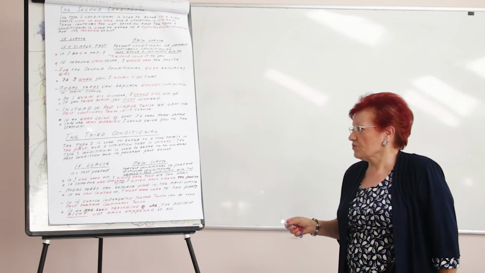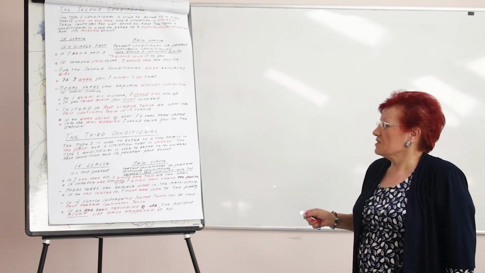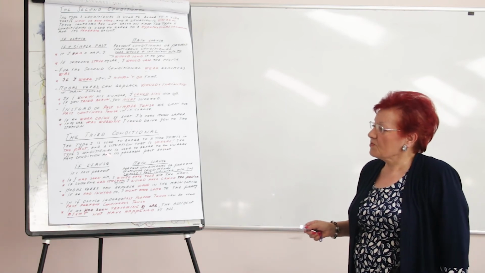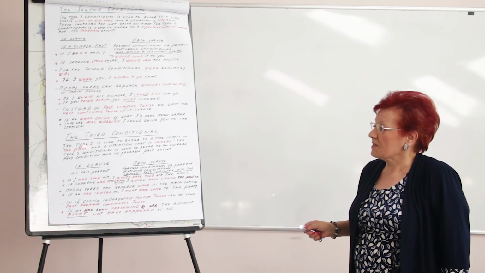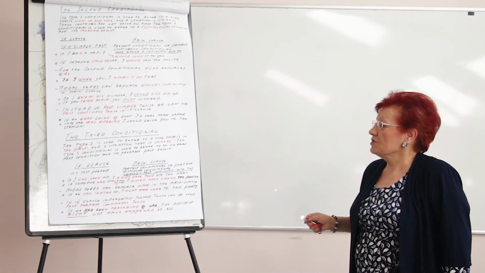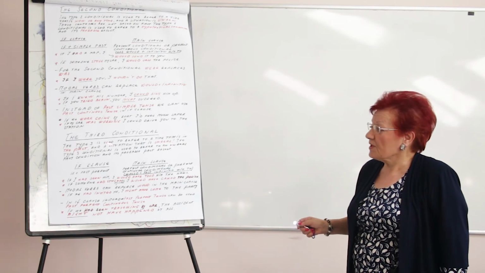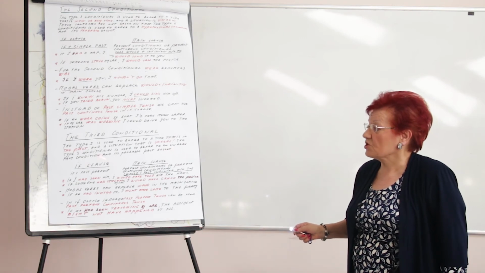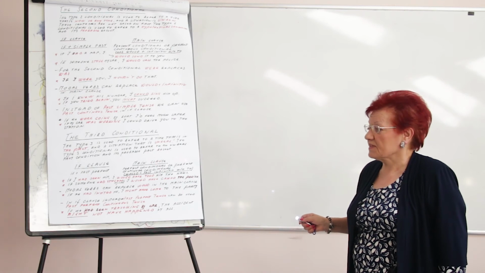And we are coming to the third conditional, and the main difference is that it is unreal conditional. The type 3 is used to refer to a time that is in the past and a situation that is unreal. The type 3 conditional is used to refer to an unreal past condition and its probable past result.